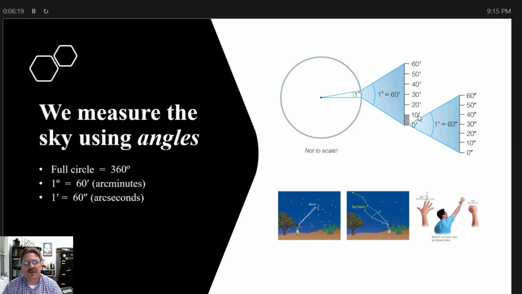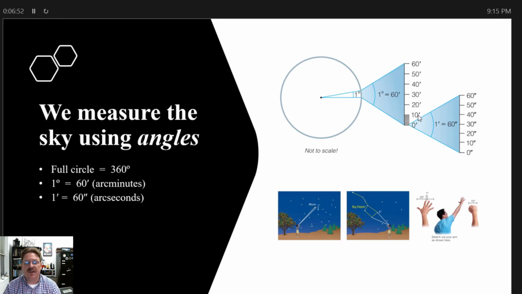It changes based on where it is in its orbit, but on average it subtends half a degree, or 30 arc minutes. And so 1 arc second would be equivalent to taking the full moon and slicing it into 30 even pieces, and the width of one of those pieces would be an arc second. So an arc second is, at least visually, a very, very small unit of measure.